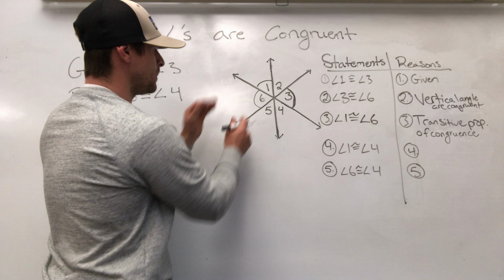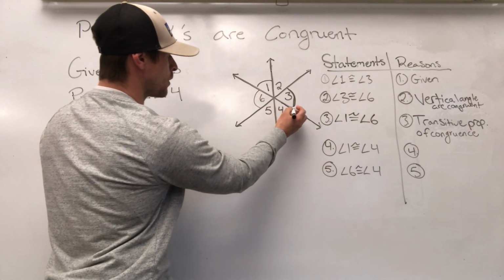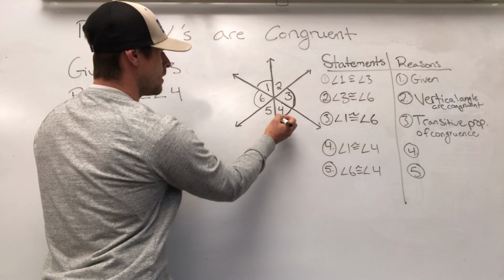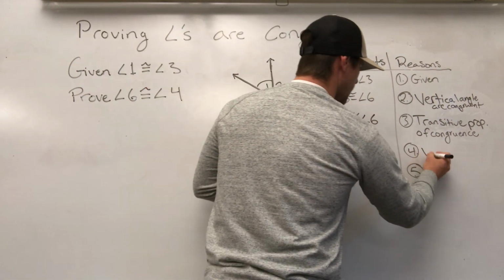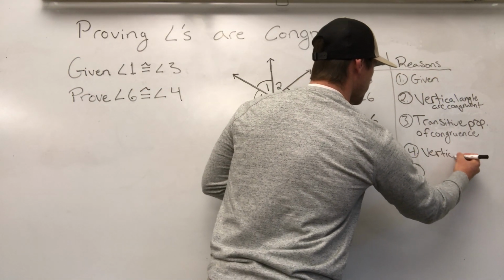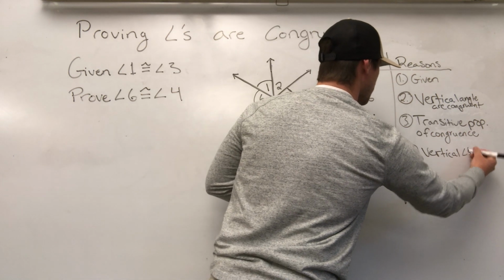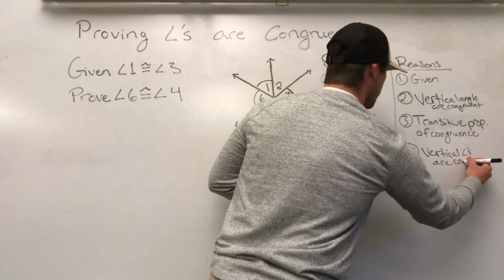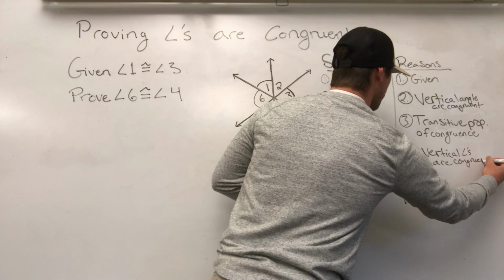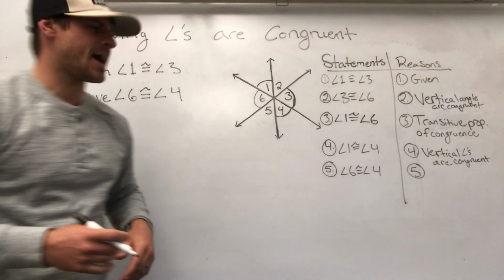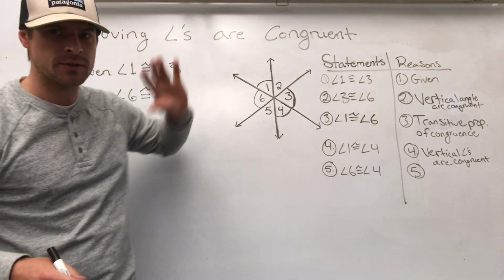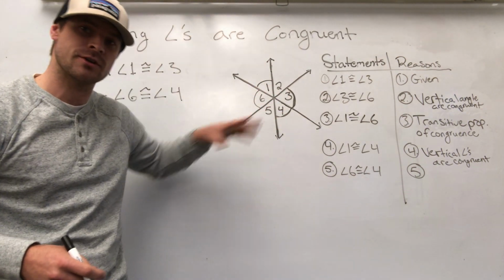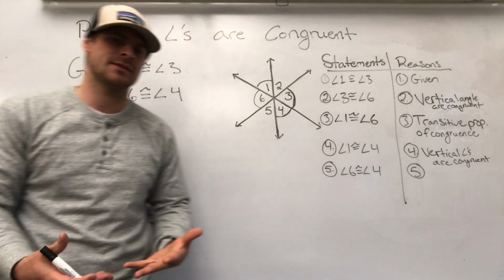No. But when I look at my picture, angle 1 and angle 4 are opposite of one another. We call those vertical angles. And what do we know about vertical angles? Vertical angles are congruent. Remember, this is a fact. So I don't need anything other than the proof of the picture. The proof is in the pudding, or the proof is in the picture. That's what's telling me that those angles are the same.